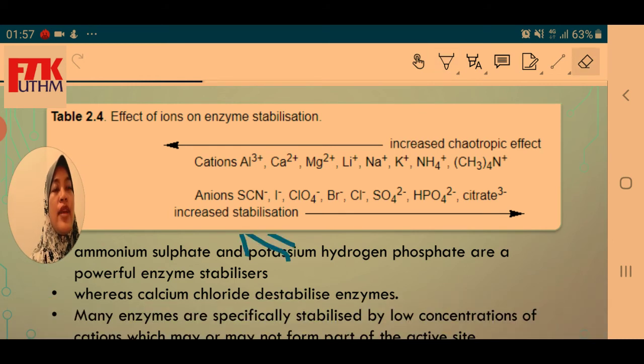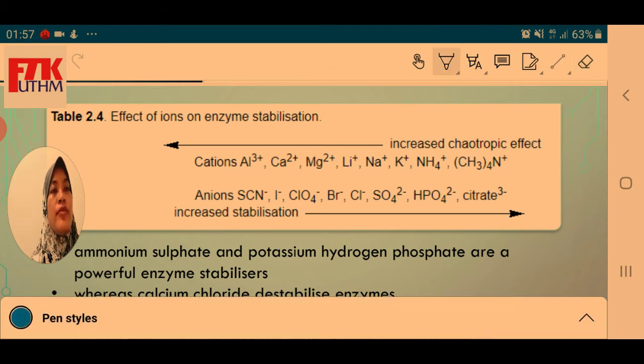Okay, so there are different types of anions and cations that we want to use for stabilizing our enzyme. So some examples below the table.